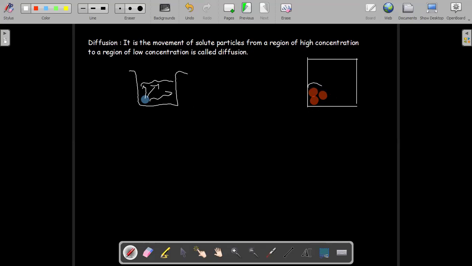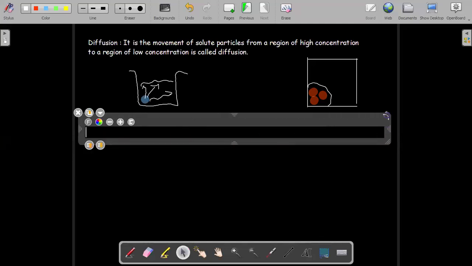Okay. Now, another process which is similar to diffusion, but in that process, there is no movement of the solute particles. We restrict the movement of the solute particles and allow the movement of solvent particles. And this process is called osmosis.